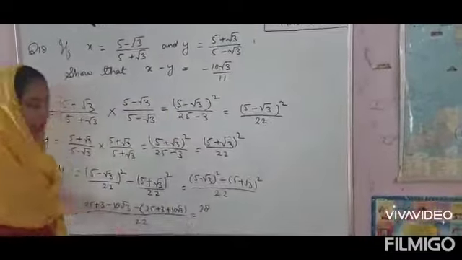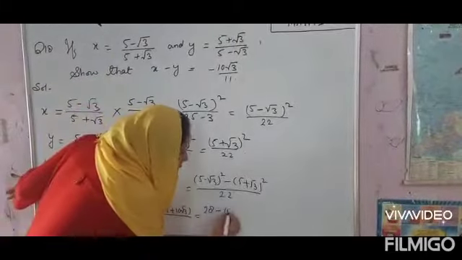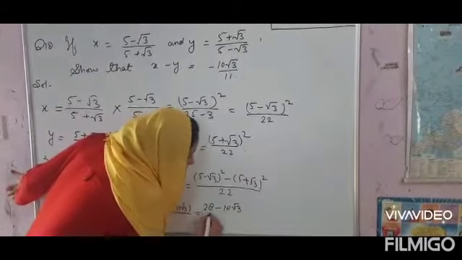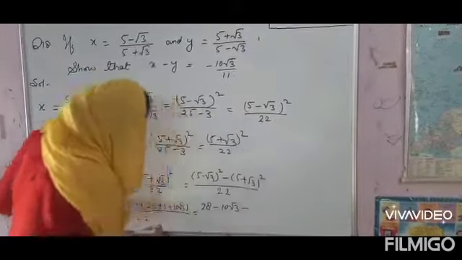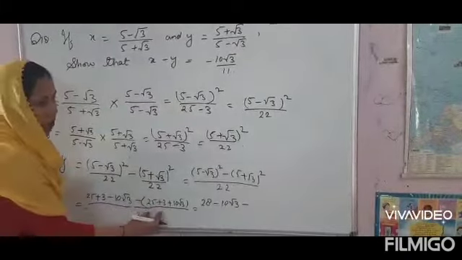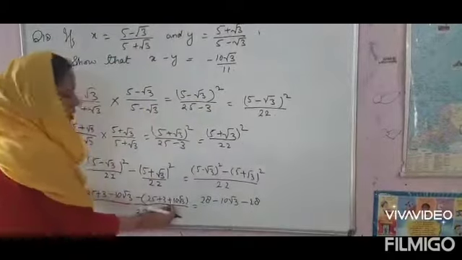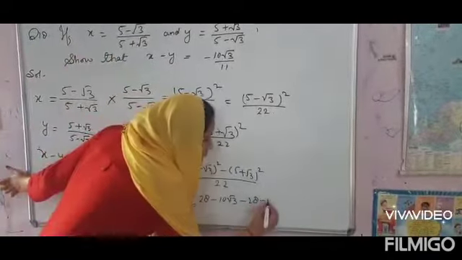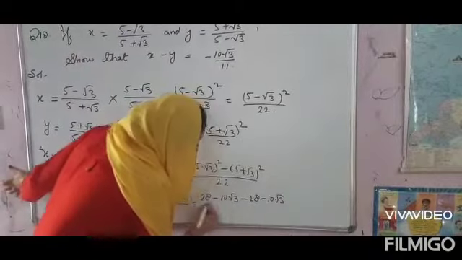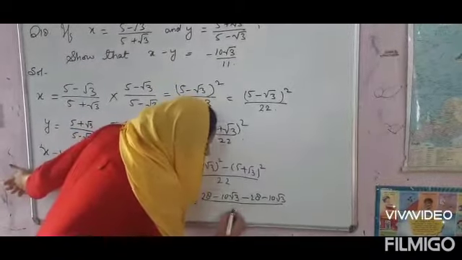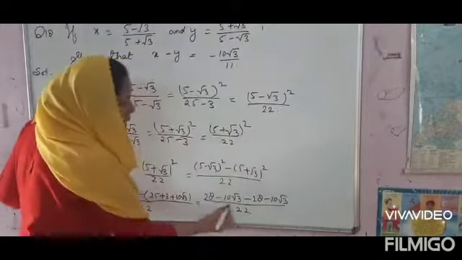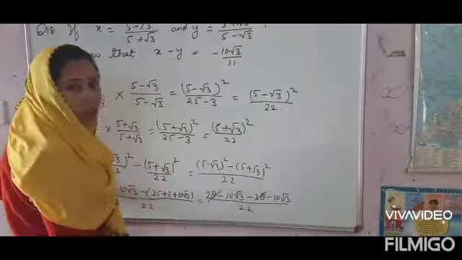Now you will get 28 minus 10 root 3, minus, when the bracket opens this positive value becomes negative: minus 28, and again it converts into minus 10 root 3, whole upon 22. Plus 28 will cancel with minus 28.